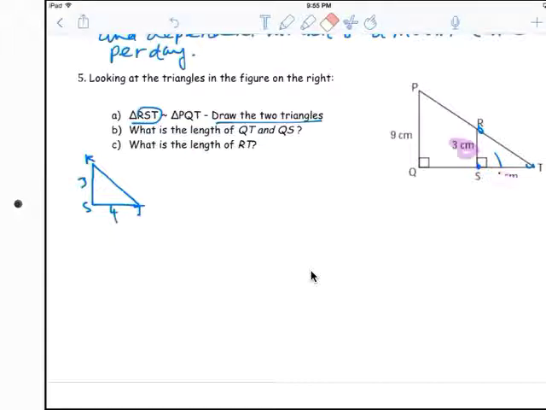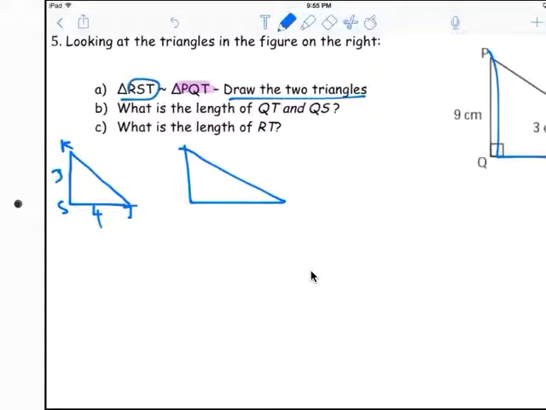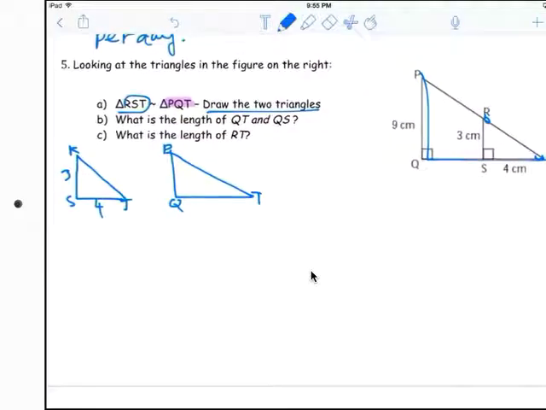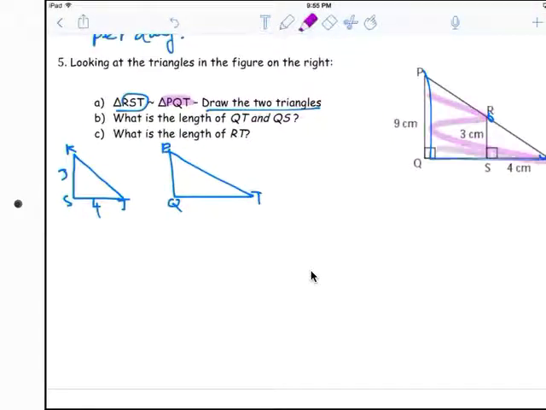And then the other one is PQT. For PQT, we know this length, which is 9. We don't know this length right here, so give it X.